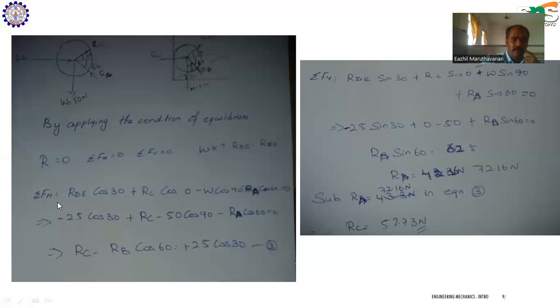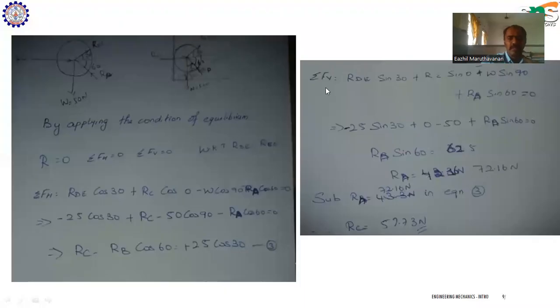In the sigma FH equation, we get RC minus RB cos 60 equal to 25 cos 30. Substituting the known values in the sigma FV equation, we get the RA value as 72.16 Newton. This 72.16 Newton can be substituted over here and we get RC as 57.3 Newton. Then we can write down the results and complete the problem. Thank you.